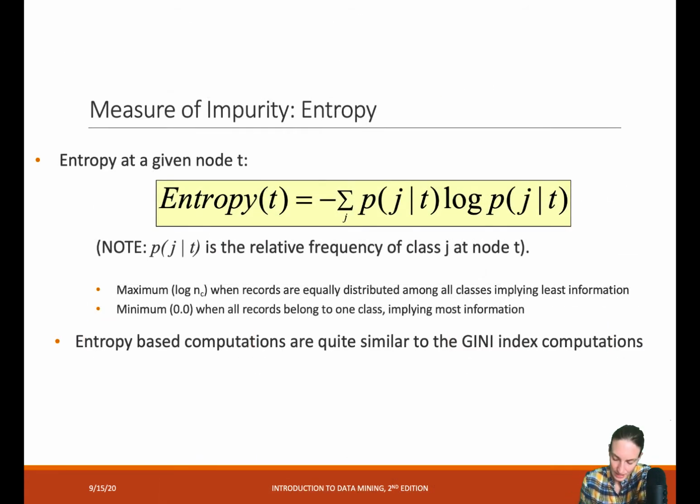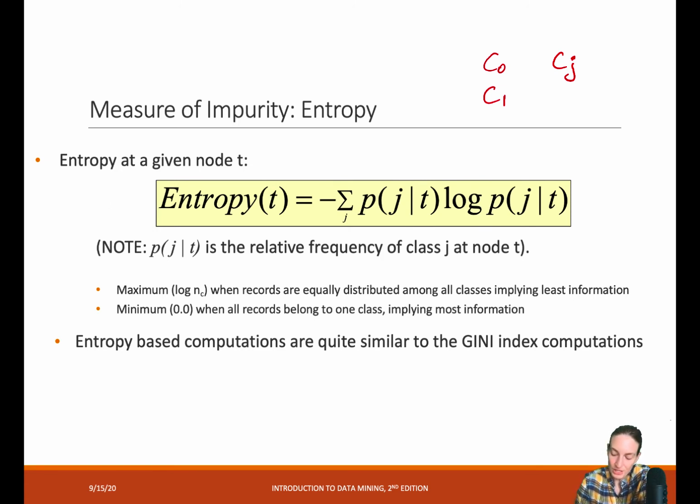So in this case, P(j|t), the probability of j given t, is the relative frequency of class j at node t. j is the classes, like we had C0 and C1, so in this case that would be referred to as, say, Cj.